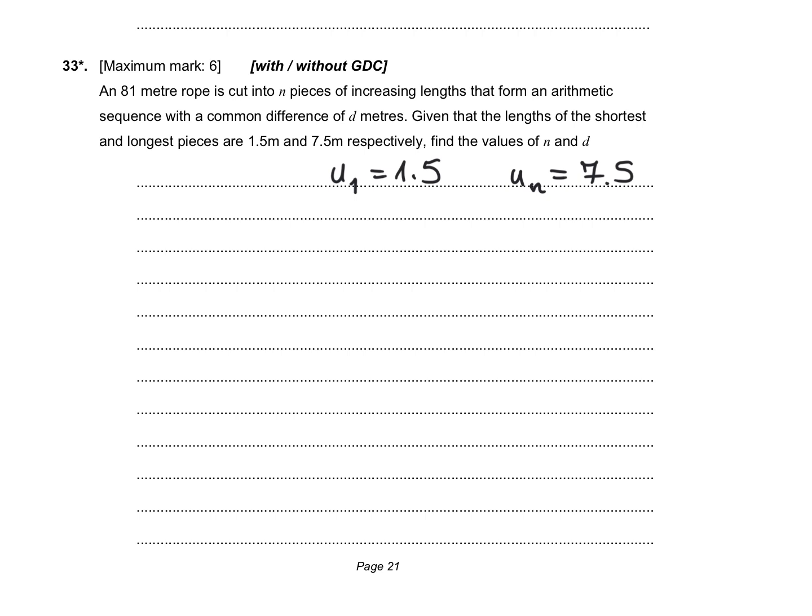So we can have the sum, first of all. So n we don't know, over 2, 2u1. Actually, we can use u1 plus un, so 1.5 plus 7.5, because we have the first and last.